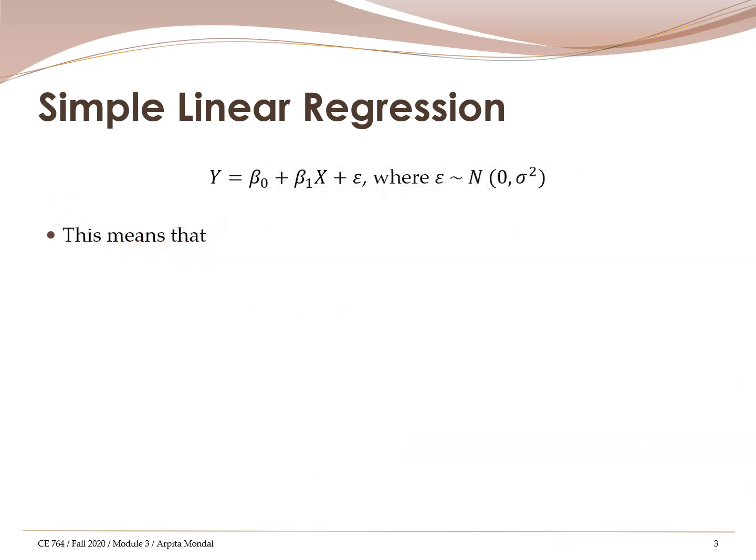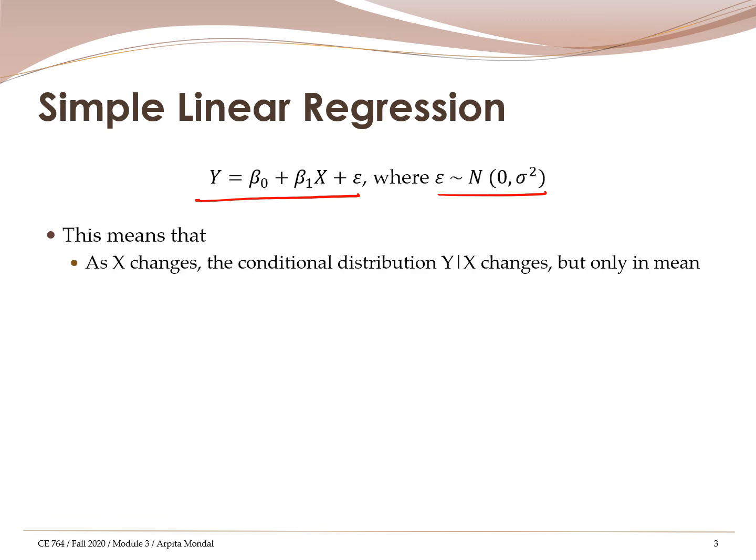So to summarize, in simple linear regression, y is given as beta naught plus beta 1 times x plus some white noise which belongs to the normal distribution with mean 0 and variance sigma square. This means that as the level of x changes, the conditional distribution y given x changes, but the family remains the same, which is normal distribution, and the variance remains constant.